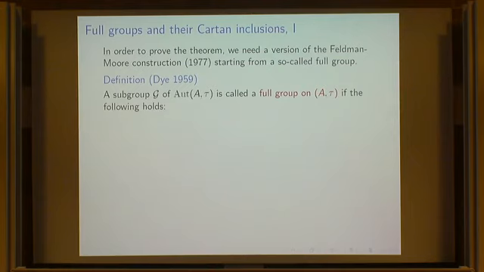Basically, a full group is a group of automorphisms which is closed under patching. So if you have a bunch of automorphisms in G and you restrict them in such a way that, so A is sort of L infinity of X, we can take X and split it up into pieces.